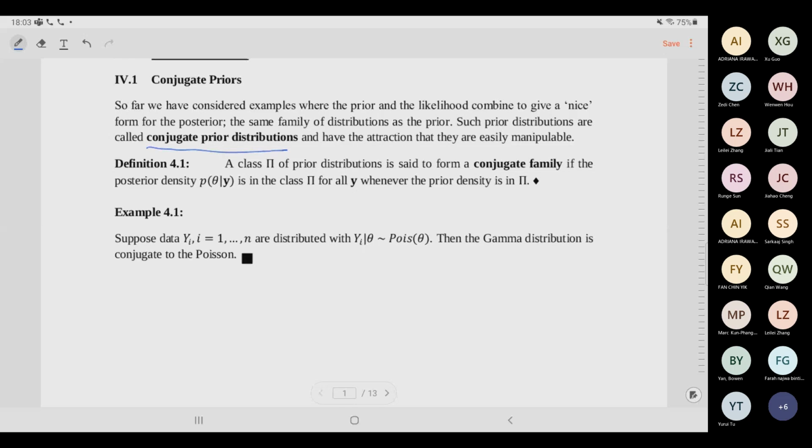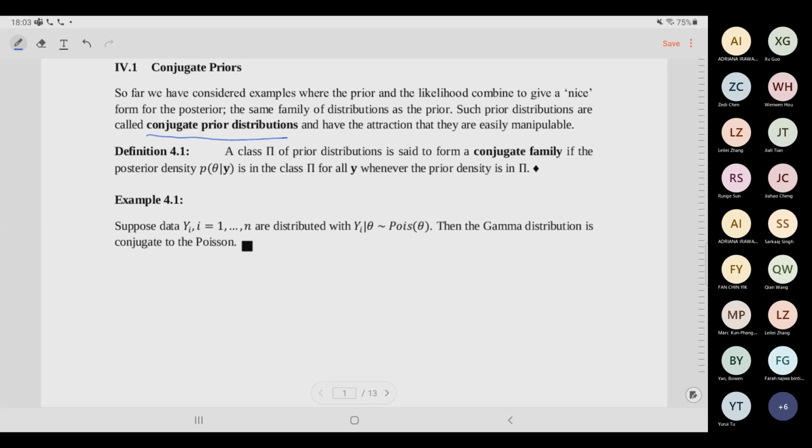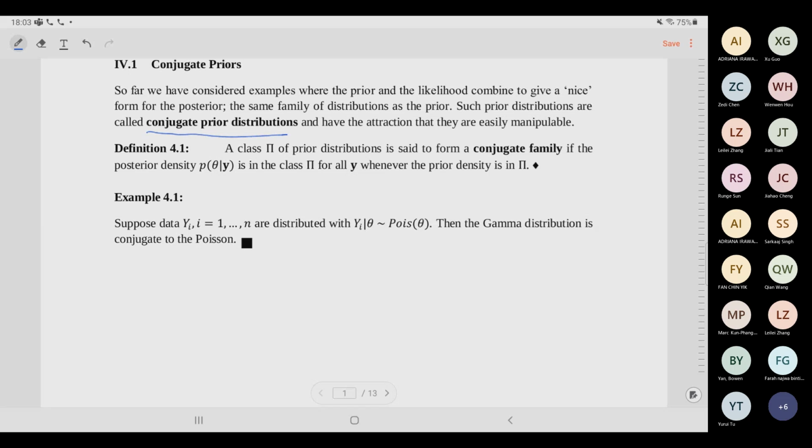Okay, so the definition says that if you have a prior distribution from a class pi, it will form a conjugate family if the posterior is also in the class pi for all y.